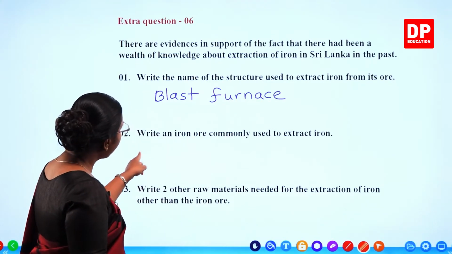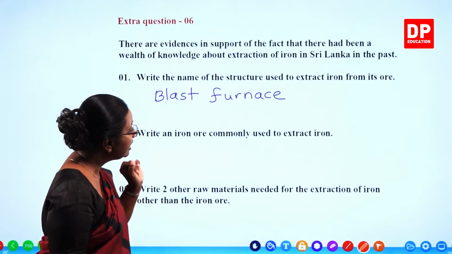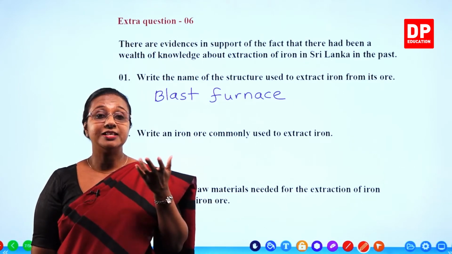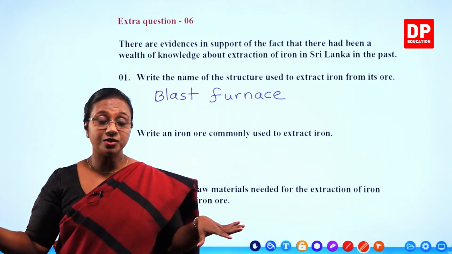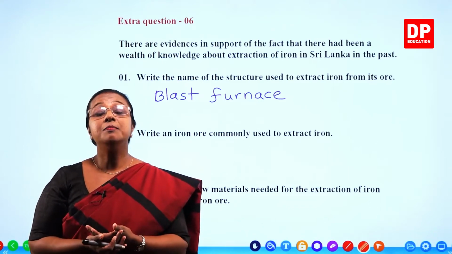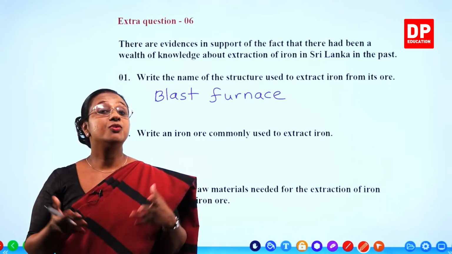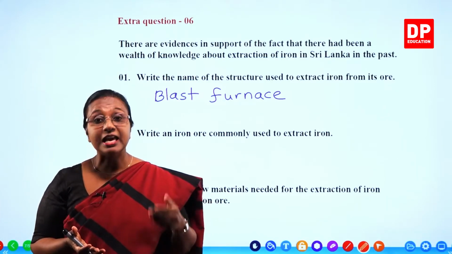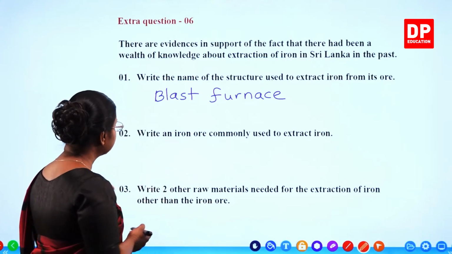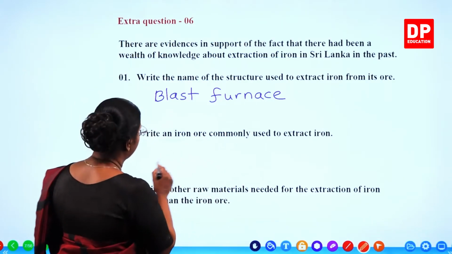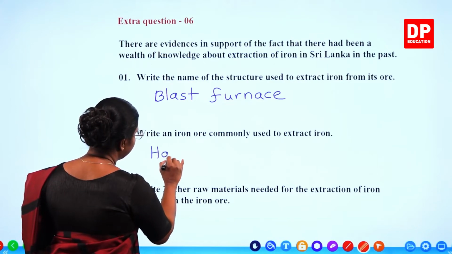Second one: write an iron ore commonly used to extract iron. What is an ore? It is the solid substance present in the earth's crust that contains a metal or a mineral of the metal. The common iron ore used is hematite, Fe2O3.